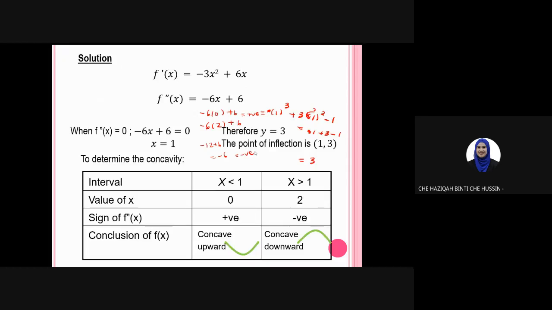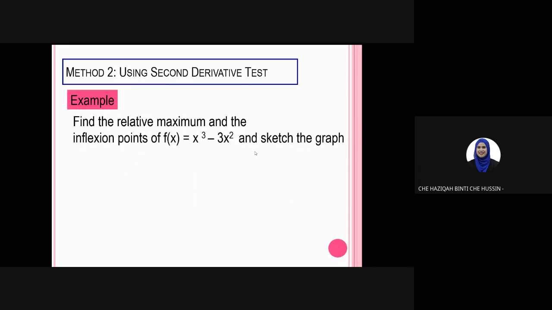Right? And then the next example, find the relative maximum and the inflection points of f(x) equal to x cubed minus 3x squared, and we need to sketch the graph. Same thing as now.